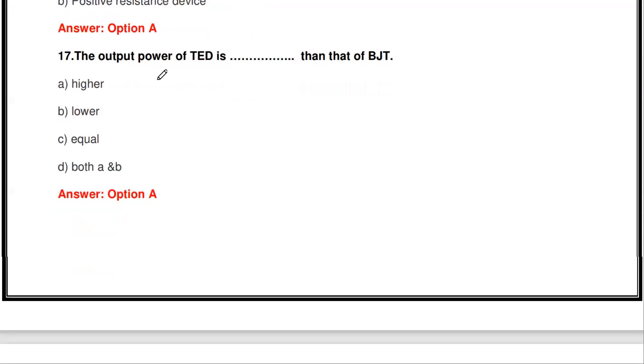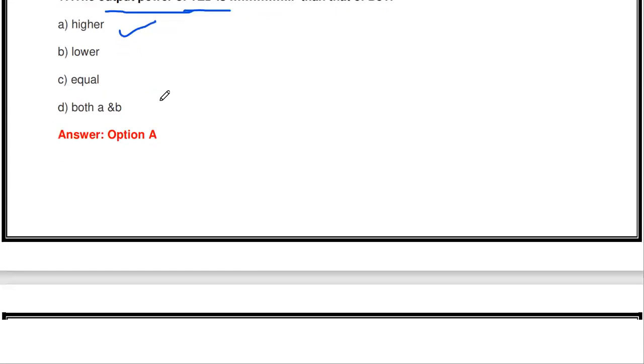The next one, the output power of TED is dash than that of BJT. The output power of the transferred electron device is higher than that of the bipolar junction transistor. Higher.